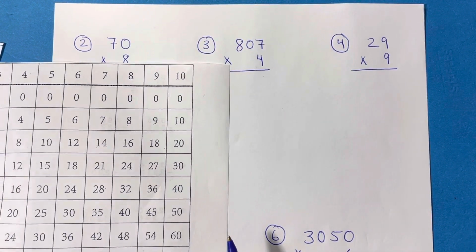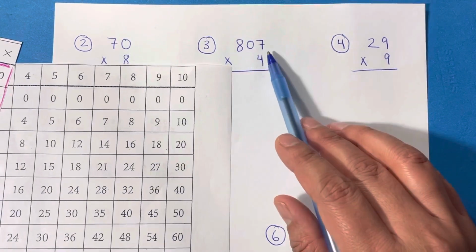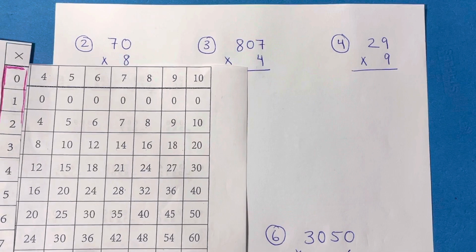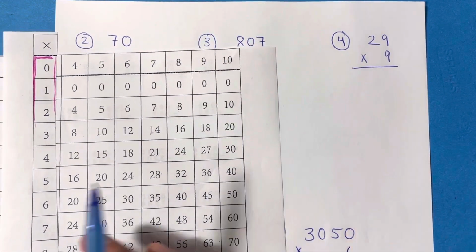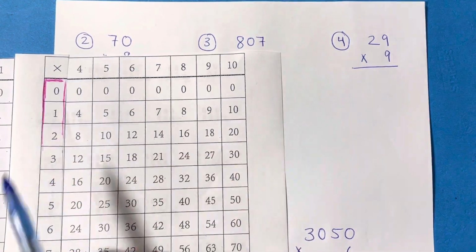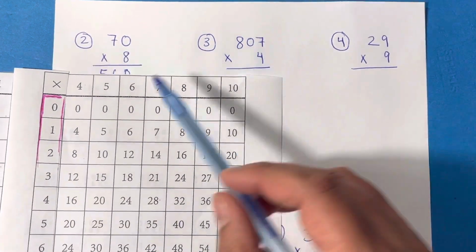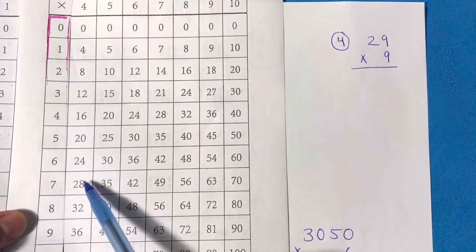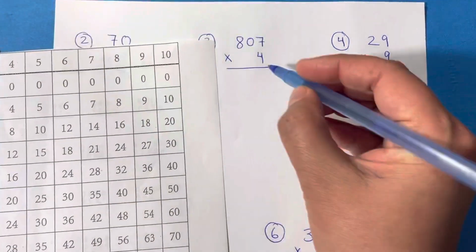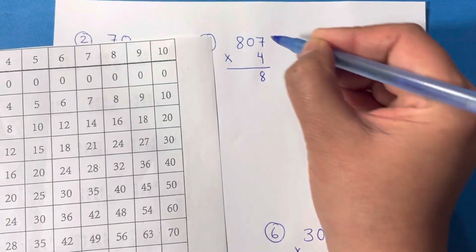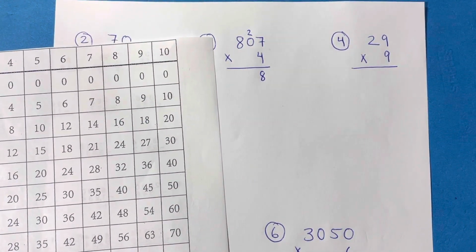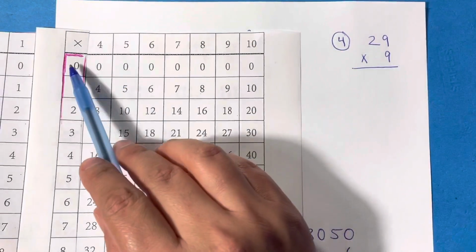Okay, so now the next one is 807 times 4. We go to the 4, make sure you don't cover the 4, and we align the times with the 4, okay? And then 4 times 7 is 28. We write down the 8, but the 2 is carried over, so the 2 up here and the 8 down there. 4 times 0 is 0.